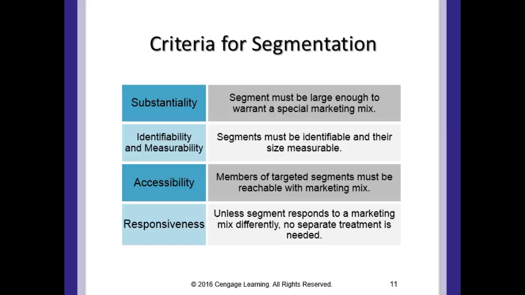All right, the criteria for successful market segmentation is shown here on this slide. There are four major criteria that you need to be aware of. The four criteria are: number 1, sustainability; number 2, identifiability and measurability, which are a common one; number 3 is accessibility; and number 4 is responsiveness.